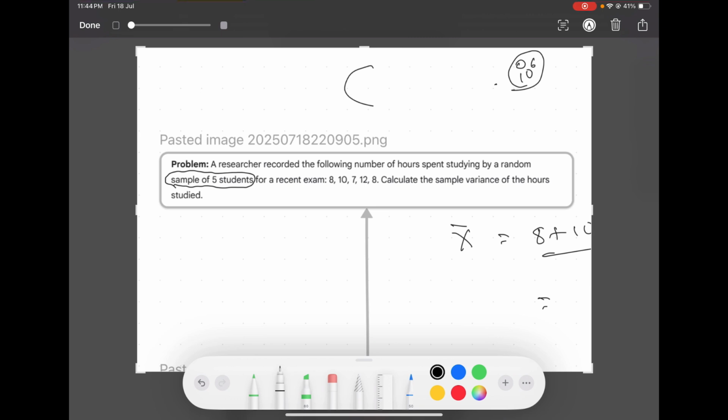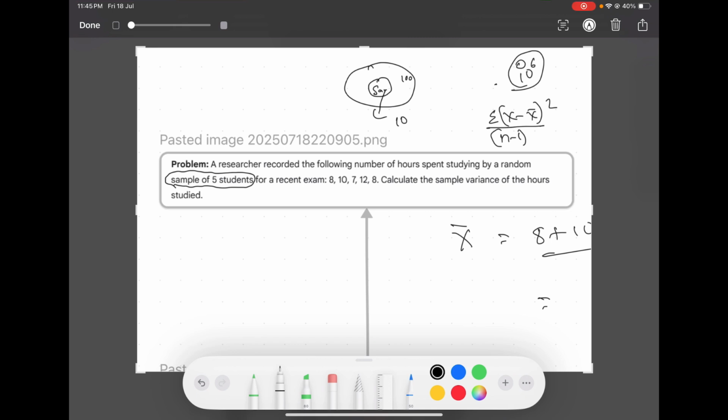If we have a population, we will take a sample. Suppose there are 100 students in total, we may take a sample of 10. This is the difference between population and sample. When you calculate the variance of a sample, we divide by n minus 1: sigma of x minus x bar the whole square divided by n minus 1.